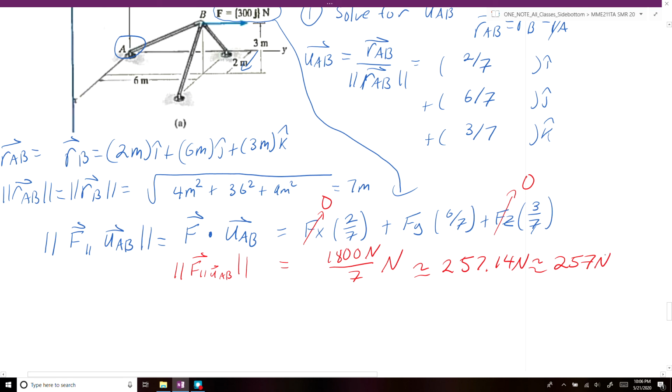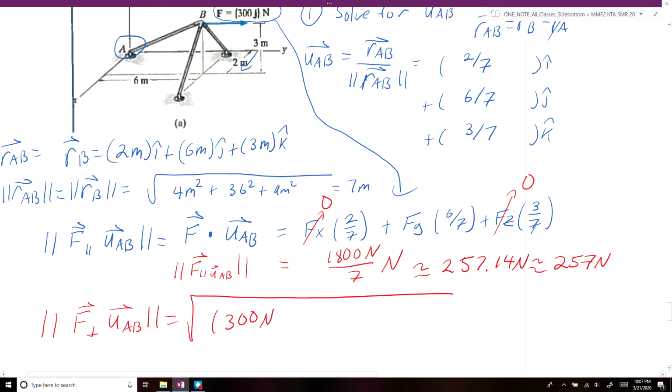To determine the perpendicular component of UAB, we can take the square root of our total magnitude of our vector, which is 300 newtons squared.